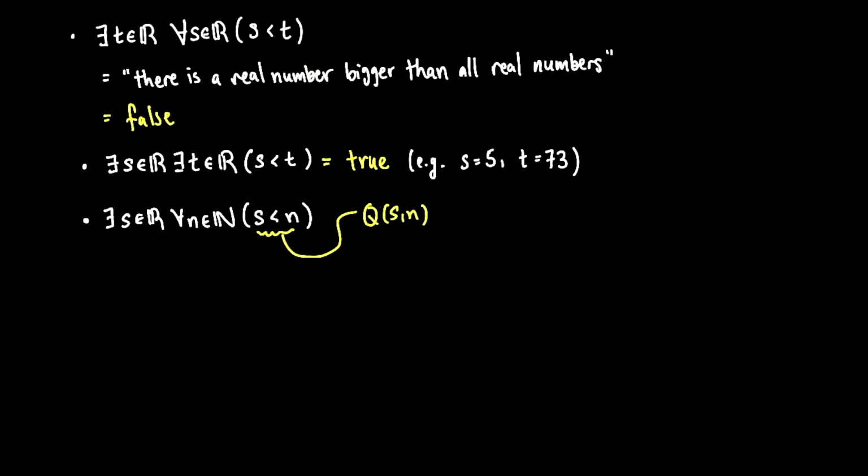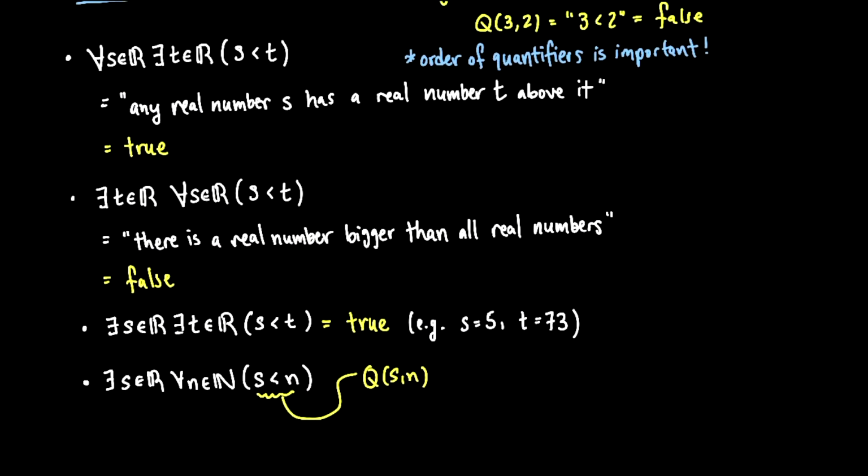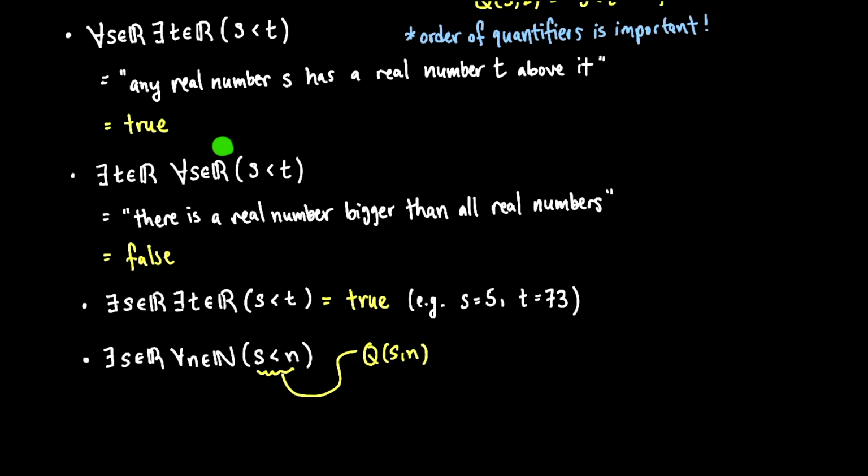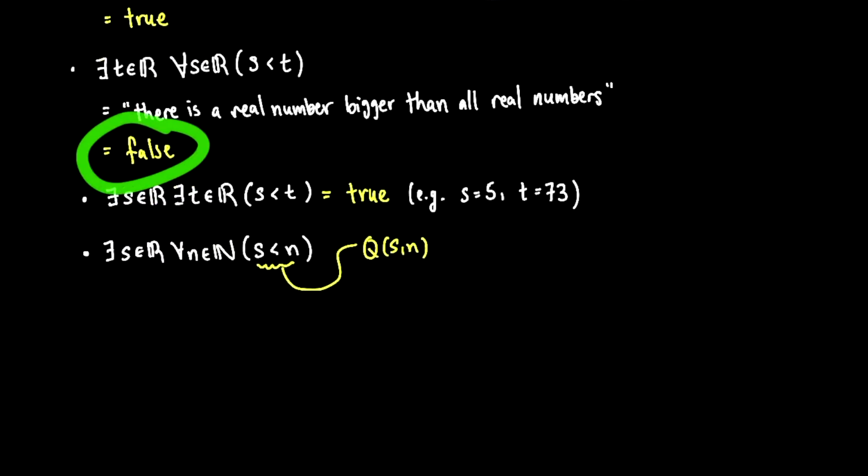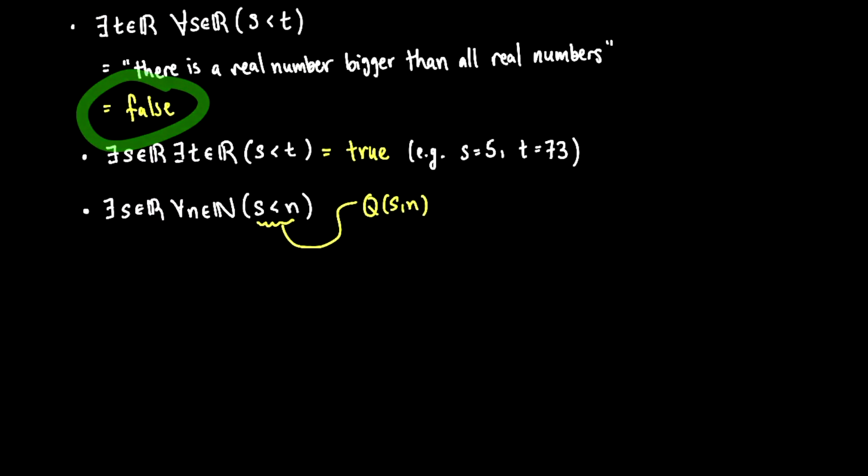Okay, now is this true or false? Remember when I quantified earlier something similar, there exists t such that for all s, I ended up with a false statement. But this time I've got a true statement, right? Every natural number, for example, is bigger than 0 because the smallest natural number is 1.